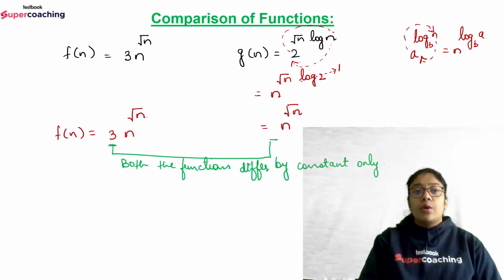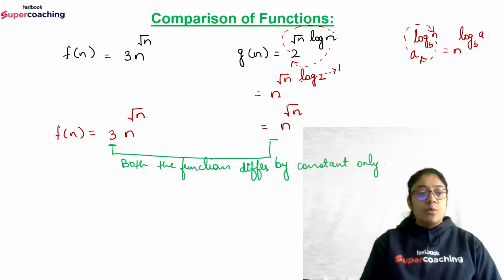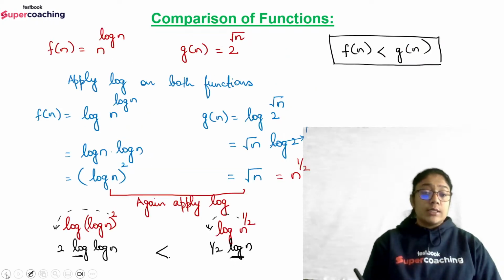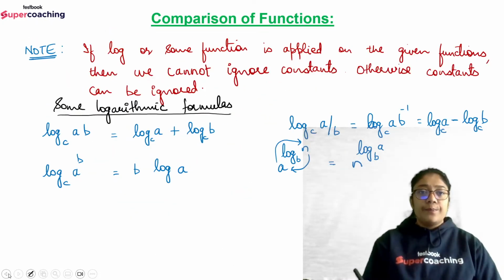So now f of n is equal to g of n, f of n is greater than g of n, or g of n is greater than f of n. What is the correct answer? 3n is greater. We have discussed that we can ignore the constants. Under which scenario are we ignoring the constants? Let me go back to that slide.